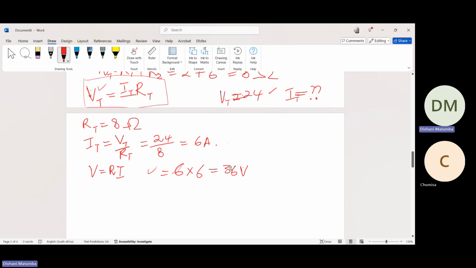I think your calculator has a problem, because your calculations are not making sense. It's not 6. Can you repeat 24 divided by 8? It's 3, sir. You see, there's no way the potential difference across the parallel connection is greater than the potential difference given by the battery. There's no way.